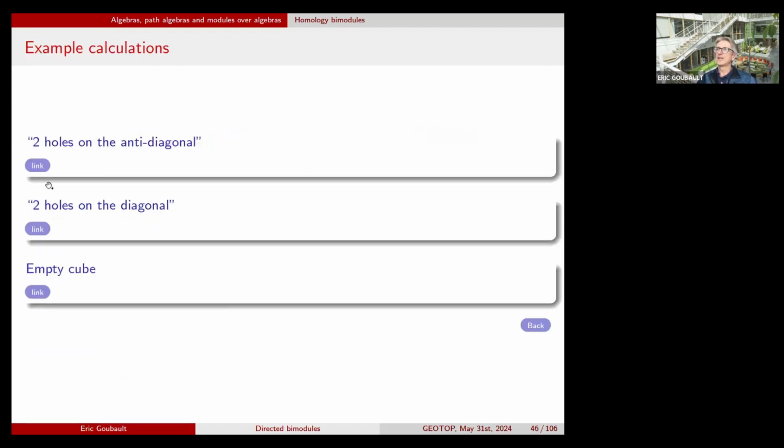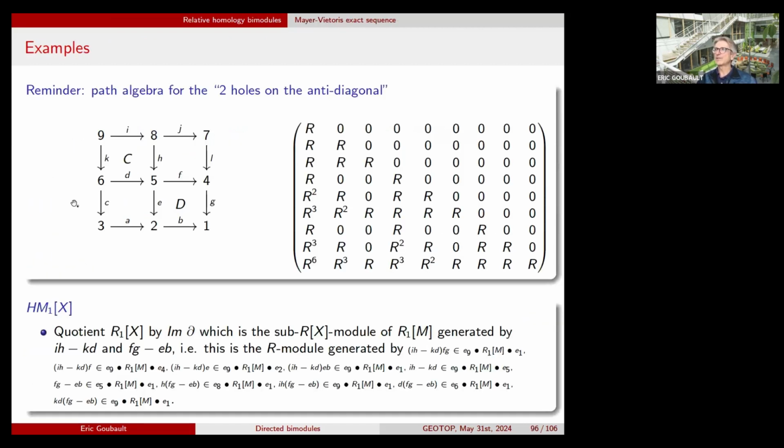Okay, and if you look at one simple example, I told you already about the path algebra. We see this one. Now, if you compute HM1 of X, you have to quotient this path algebra by the image of the boundary map. And for the boundary map, there are just two cube chains.